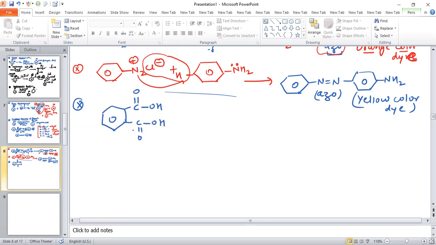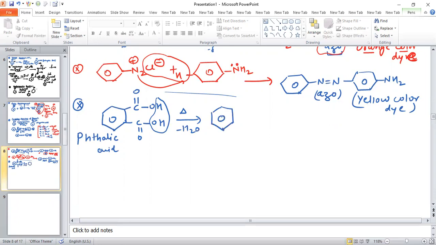They are at the ortho position to each other. So water is removed. This is basically phthalic acid. On heating, after removal of water, it will form like this.